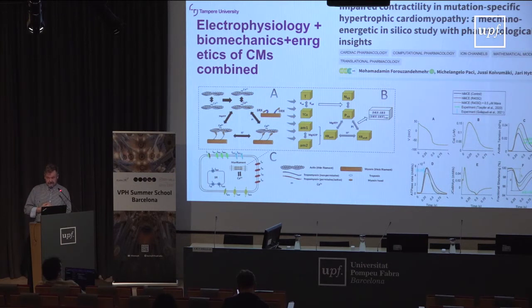energetics. So how the ATP is available, how it's consumed in the contraction process, and we have shown that it can explain, at least in theory, quite a lot of what has been seen in drug effects that are now coming into the market. But as I said, this is not reviewed yet. It's under review.